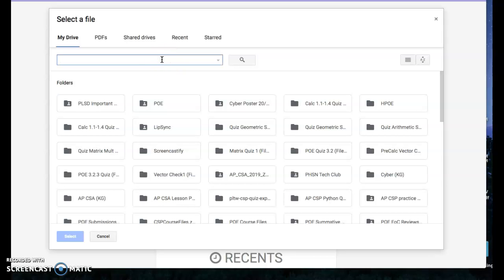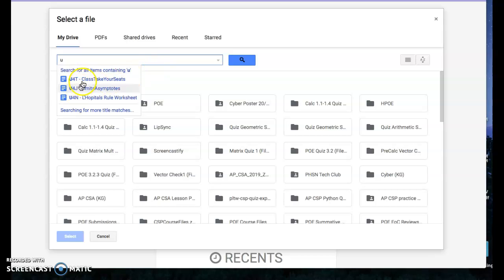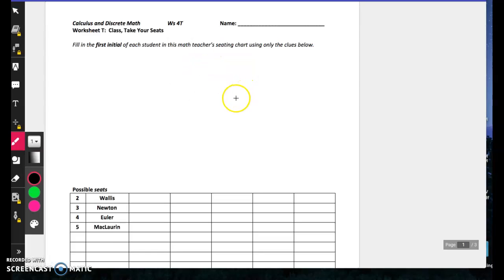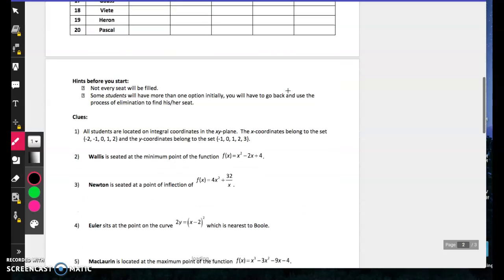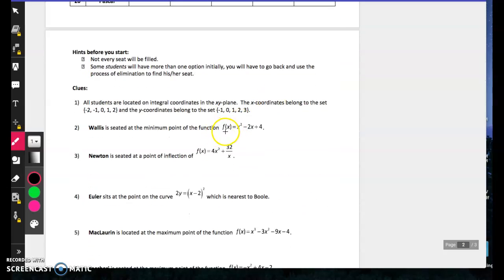Maybe you have to make a copy of it. There it is. Class, take your seats. Yeah, there it is. So now I can draw on it. So let's say I wanted to actually do the derivative. This is much better if you have a touch screen.